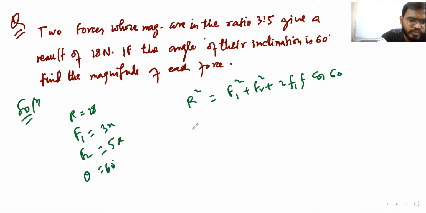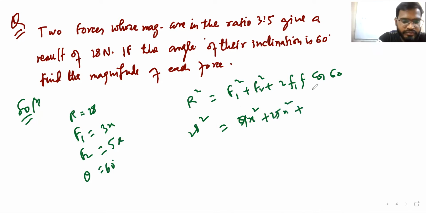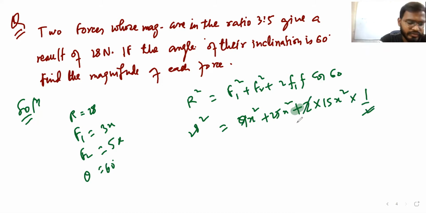Okay, so we can say 28 square and then 3x square, 9x square plus 25x square plus 2 into 15 x square cos 60, right? Cos 60 is what? 1 by 2, yeah, 1 by 2, cancel out.